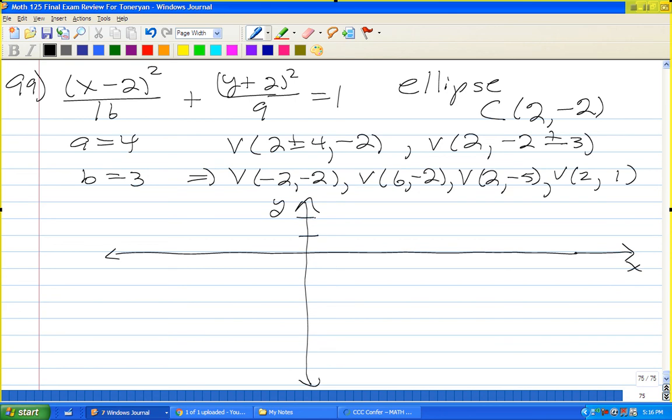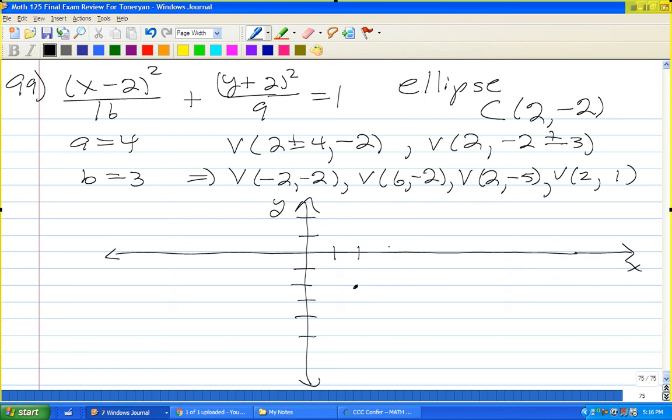So I have here that the center is at 2, negative 2.